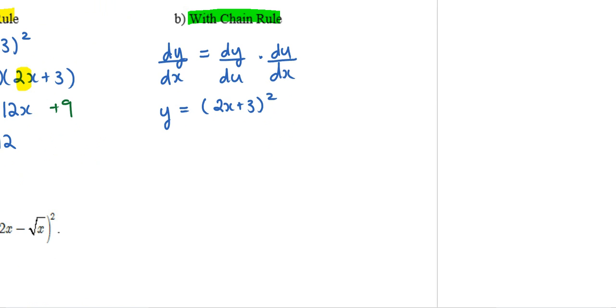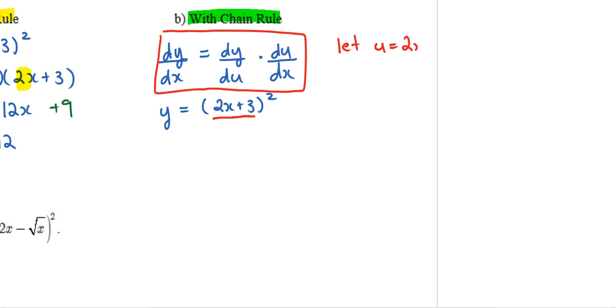Now what you can do with these kinds of questions is identify the inside function, and the inside function here is 2x plus 3. When we're using the notation in the textbooks, you have to assign the inside function a certain letter, and that letter will be u. So I can let u equal 2x plus 3. That's u right there.